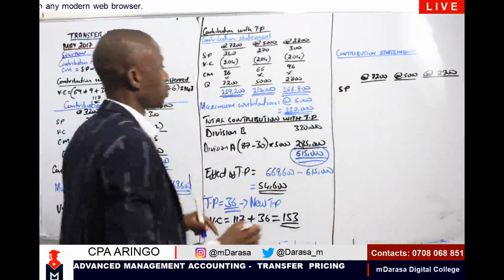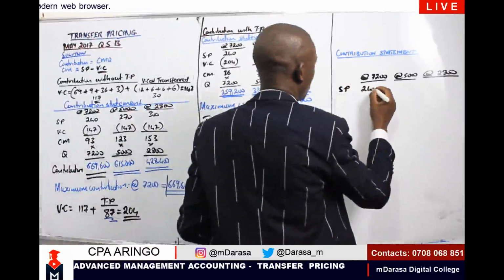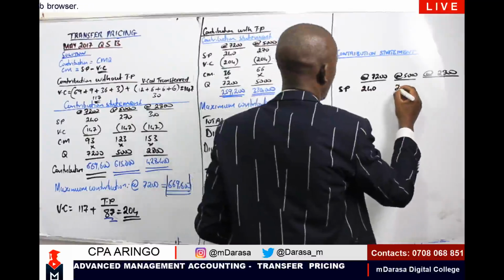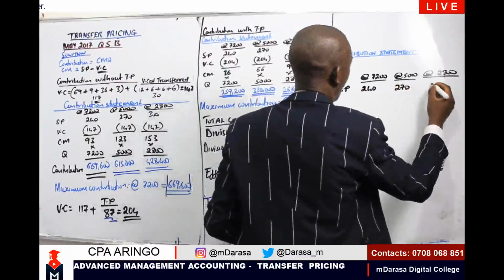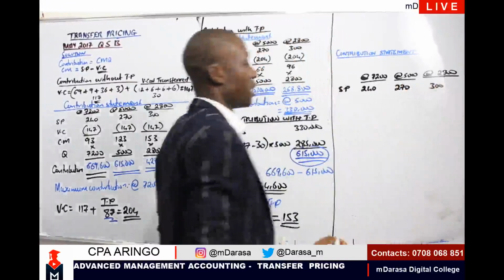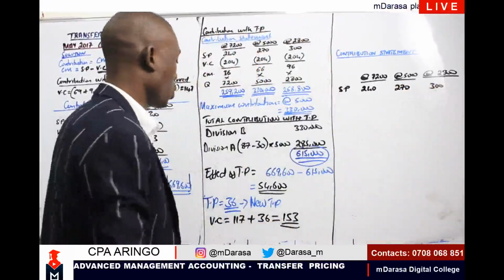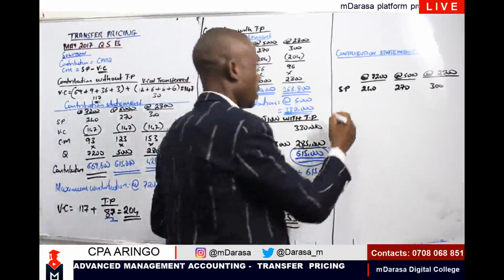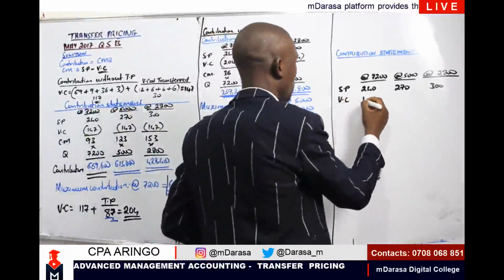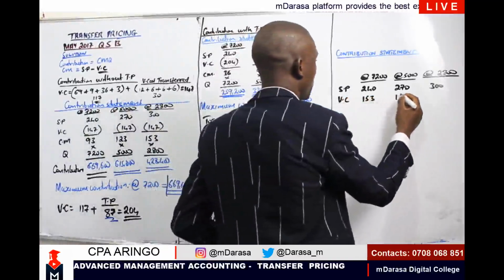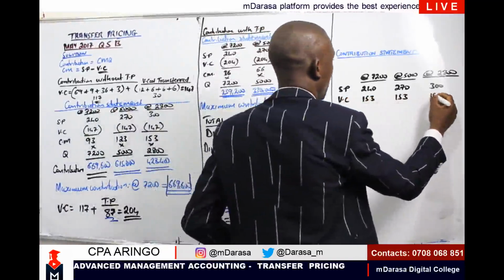I'm having 240, 270, and 300. But this time round, my good student, our variable cost is how much? 153, 153, and 153.